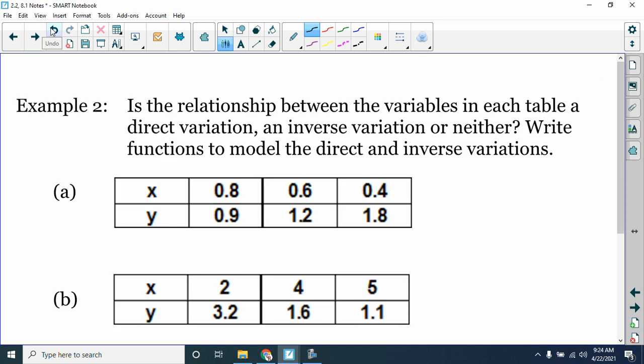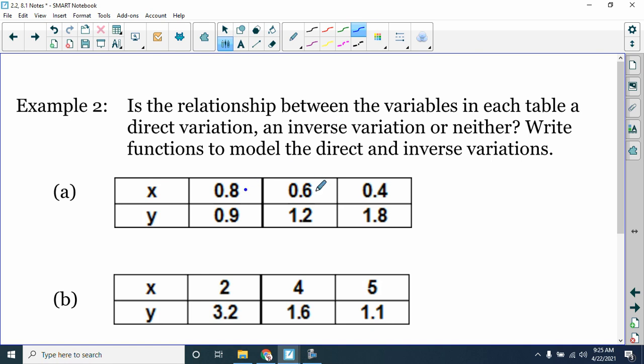Example 2 gives us a couple different tables here. And then the question wants to know, for each of these tables, do we have direct variation, do we have inverse variation, or do we have neither one? So for these, I would recommend starting by checking to see, could it maybe be direct or could it maybe be inverse?